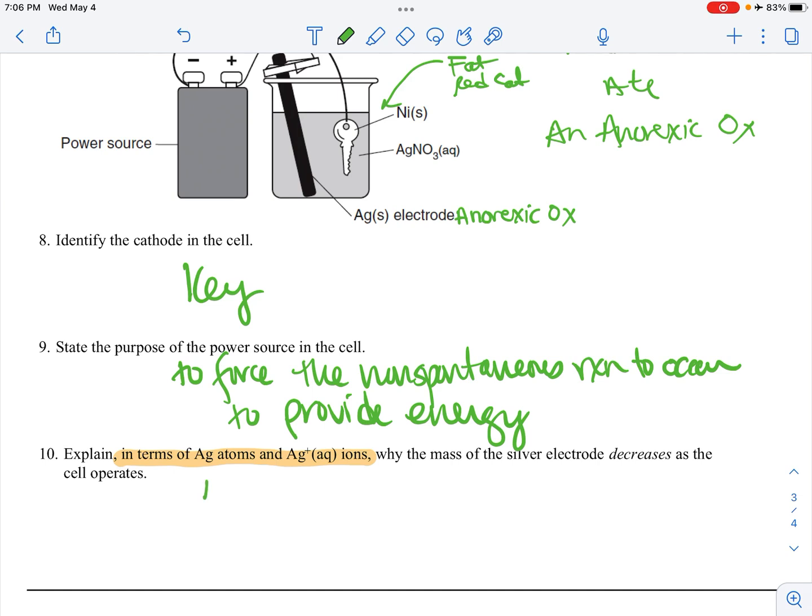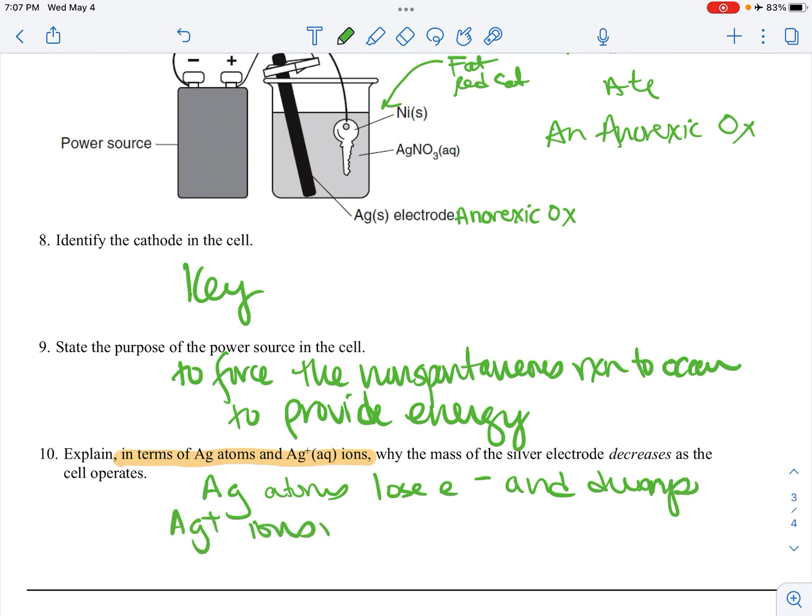We'll say silver atoms lose electrons and dump silver ions into solution. The silver electrode will decrease in size.